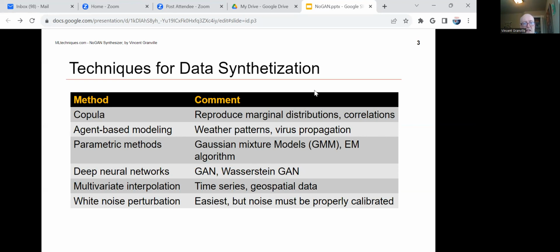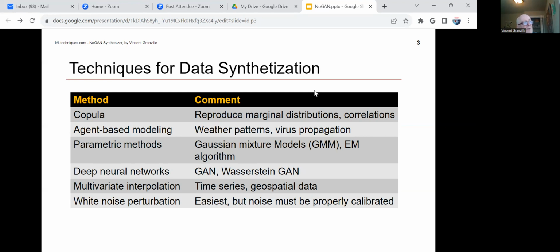There are different techniques for synthesizing data. Probably one of the oldest, very statistical in nature, is Copula, which reproduces quite well the correlations among the features and the distributions of each feature separately.